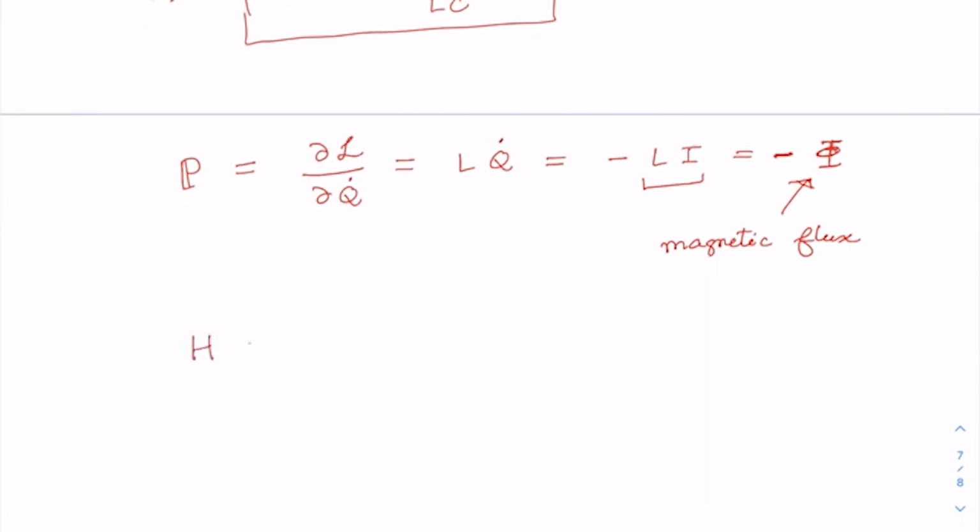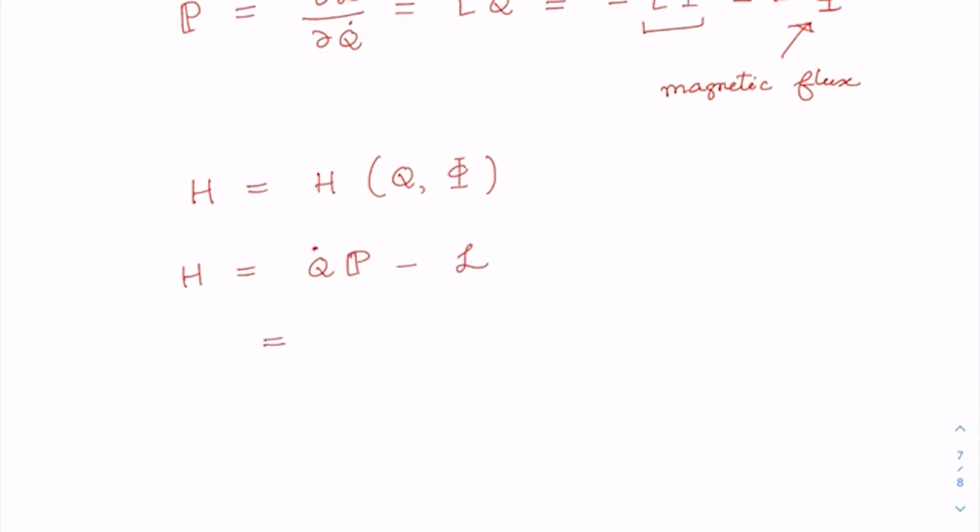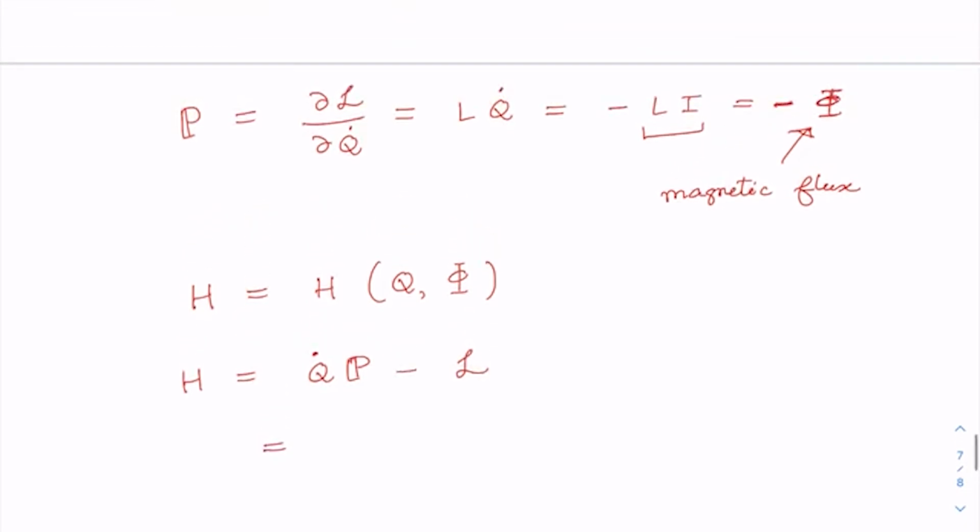So the Hamiltonian now is a function of the generalized coordinate Q and the momentum phi, and we know that the Hamiltonian is written like this: q dot p, the generalized coordinate velocity basically and p the generalized momentum, minus the Lagrangian. So p is equal to L q dot.